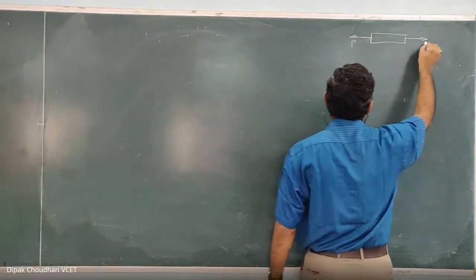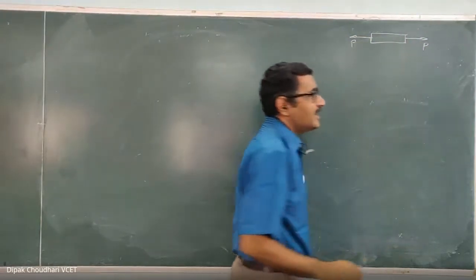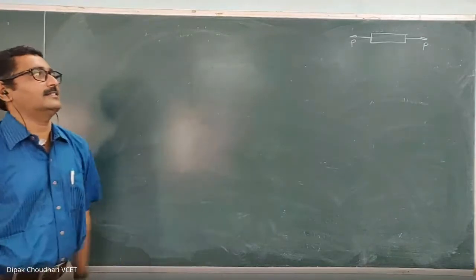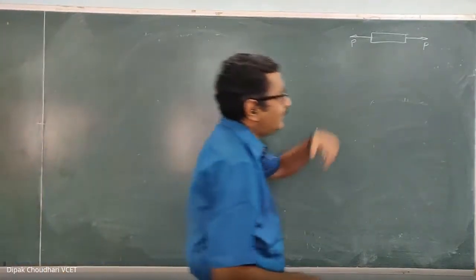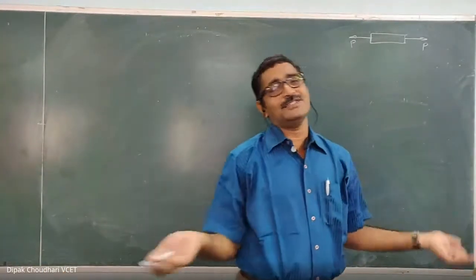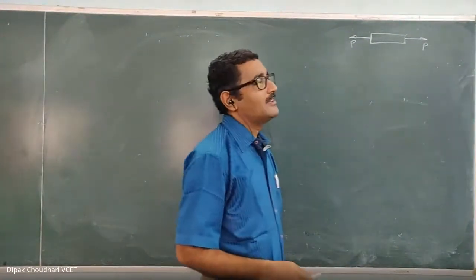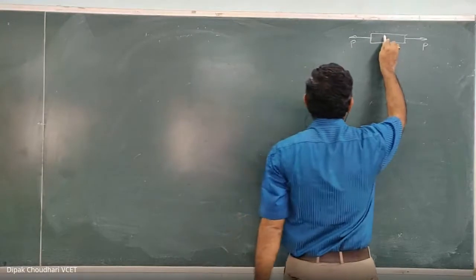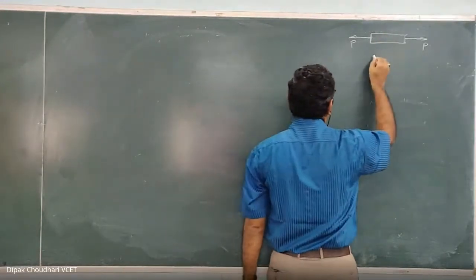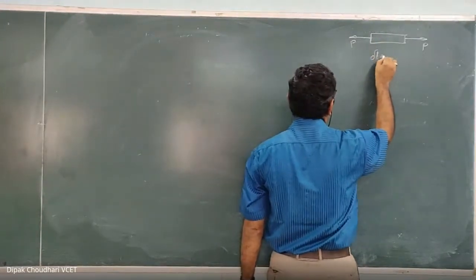If it is tensile, there is an increase in length and tensile stresses are induced. If it is compressive, there is a decrease in length and compressive stresses are induced. Clear? Now tell me, what is the change in length of this material because of the axial force? What is the formula?